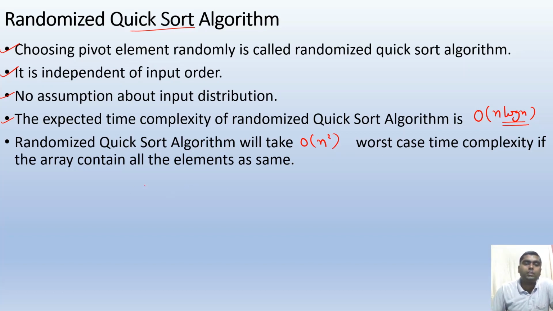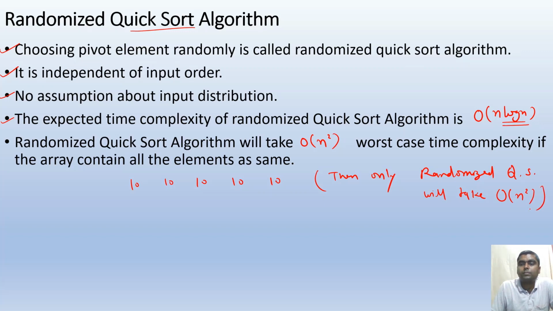Okay, when all the elements are same, like 10, 10, 10, 10, 10, then only randomized quicksort will take order of n square time.